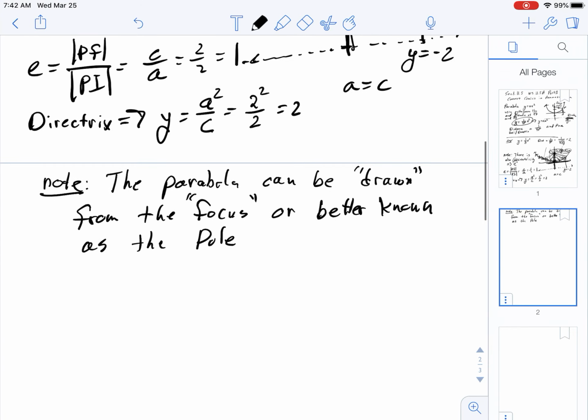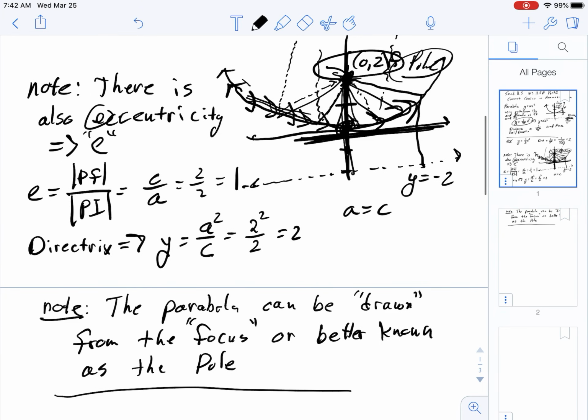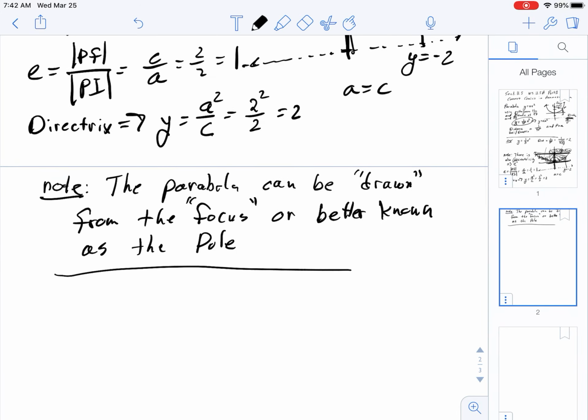One more thing, just to throw a little humor in here. There's a distance across here. That distance is found by 1 divided by 1/8, which would be 8 units.